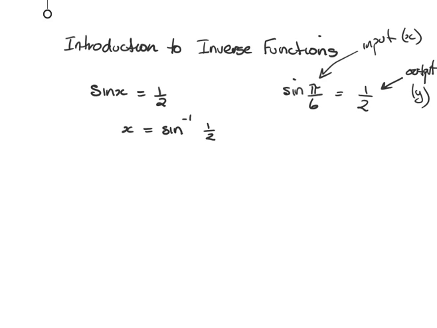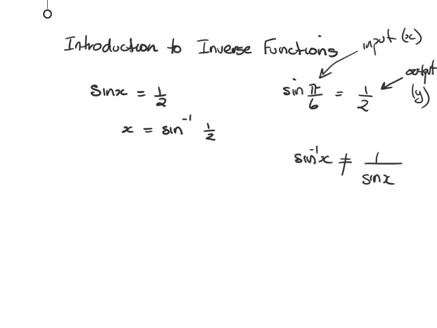Just a thing about notation. Please don't confuse sine inverse with 1 over. When we've got sine of x, even if I write sine inverse of x, that is not to be confused with 1 over the sine of x.